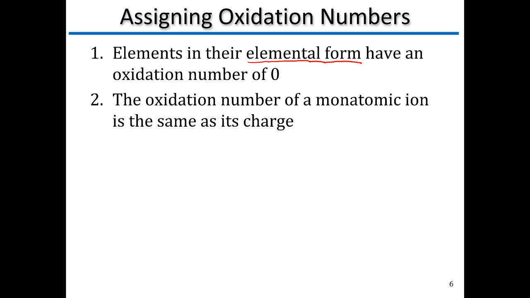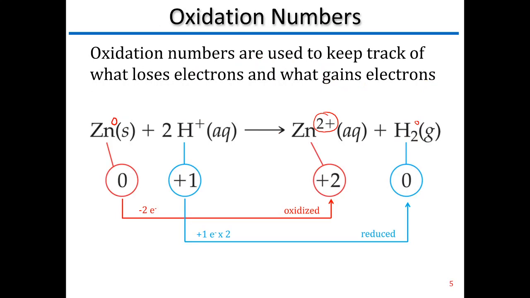The next one: the oxidation number of a monoatomic ion is the same as its charge. Going back to our example, here we have H+, a monoatomic ion, mono meaning 1, atomic just meaning it's an atom.